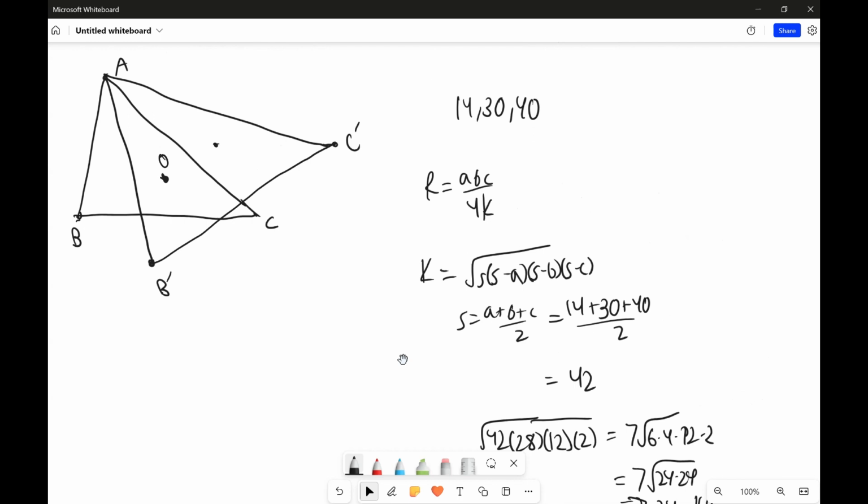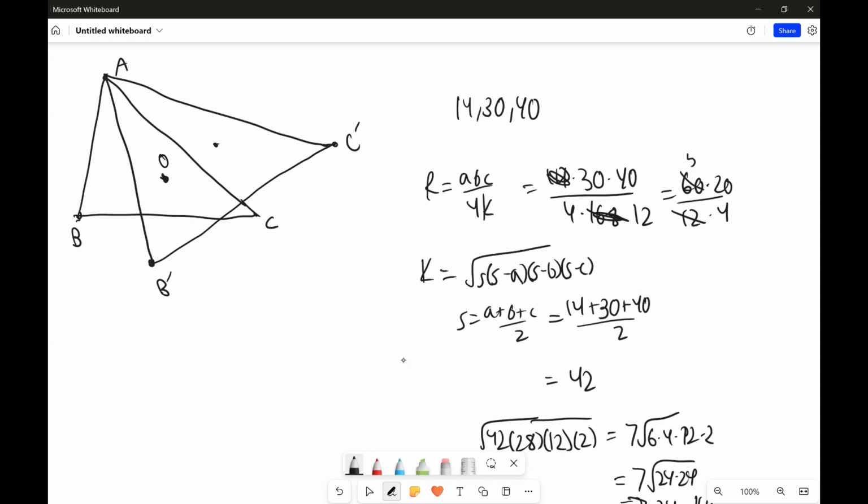And now, if we plug back in here, we get 14 times 30 times 40 over 4 times 168. This becomes 12 because 168 over 14 is 12. Then if we bring a common factor of 2 from here, we end up getting 60 times 20 over 12 times 4.